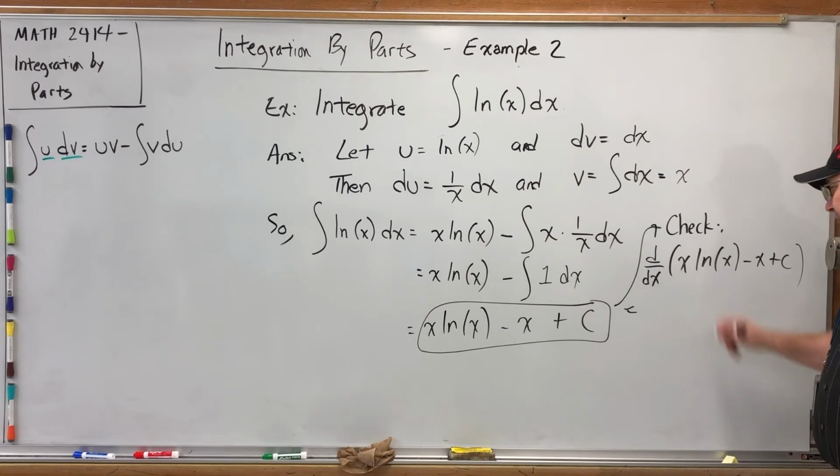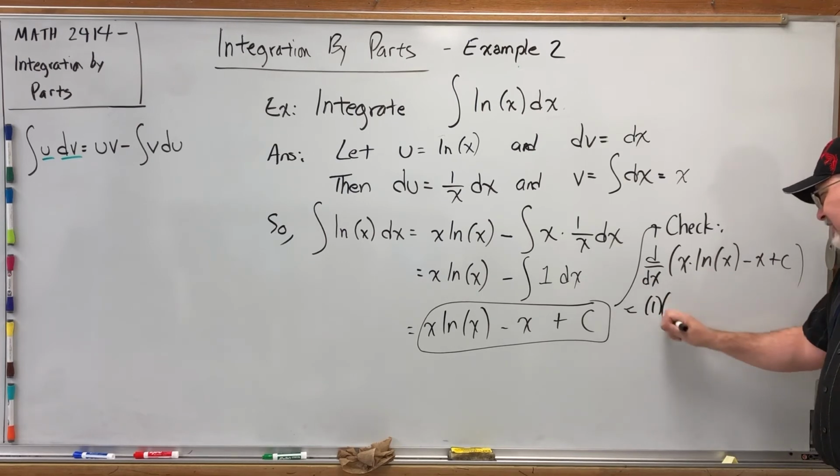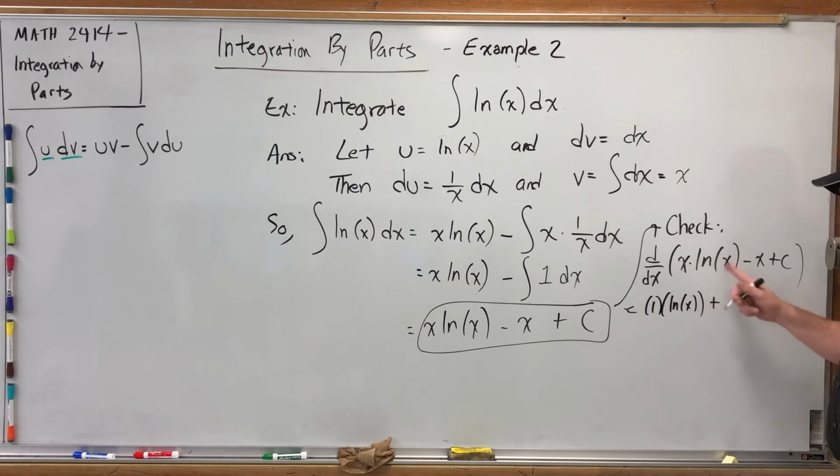So let's execute that. Product rule here: the derivative of the first, the derivative of x is 1, times the second, so times natural log of x, plus the derivative of the second, derivative of natural log of x is 1 over x, times the first, so times x. And again, all this is just the derivative of the product. Now we're at the minus x, its derivative is minus 1, and of course the derivative of the constant is 0.